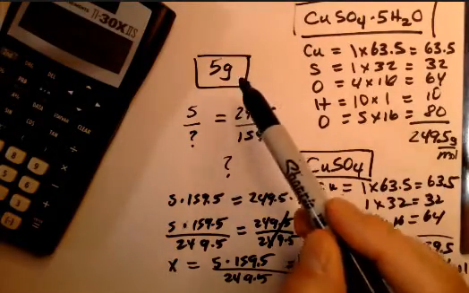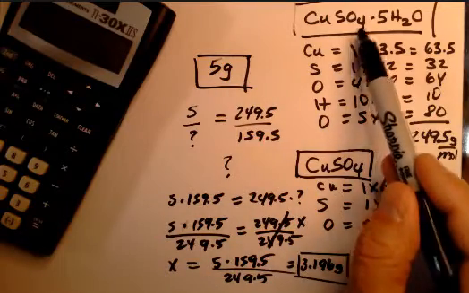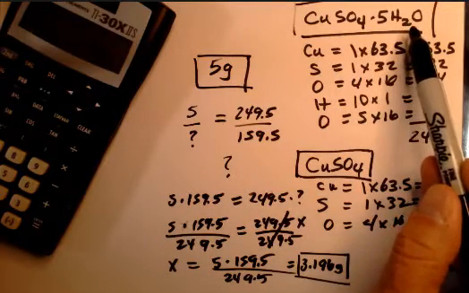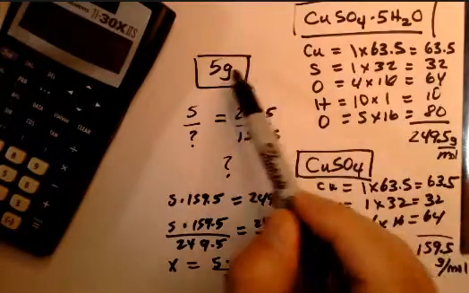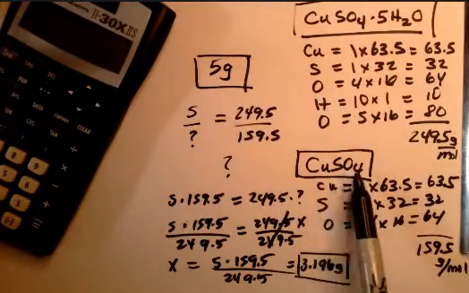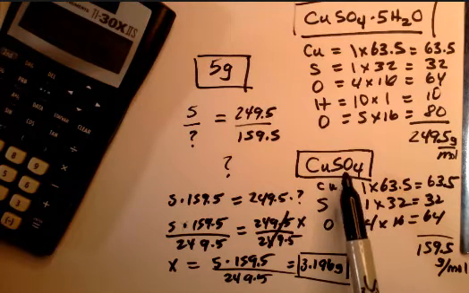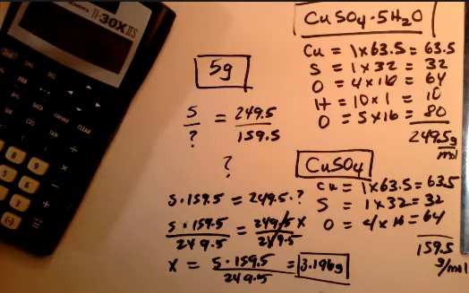If I had 5 grams of copper sulfate pentahydrate, what part of that 5 grams would the copper sulfate itself be? And the answer would be 3.196. You might round it off to 3.2. That sounds reasonable as well.